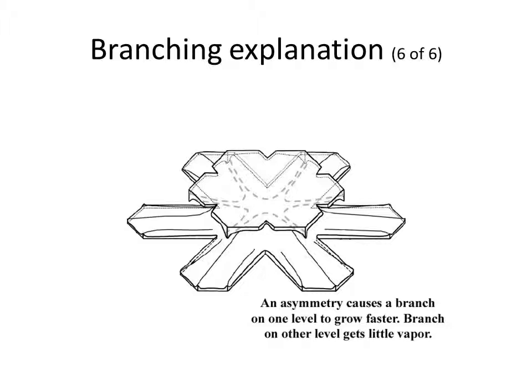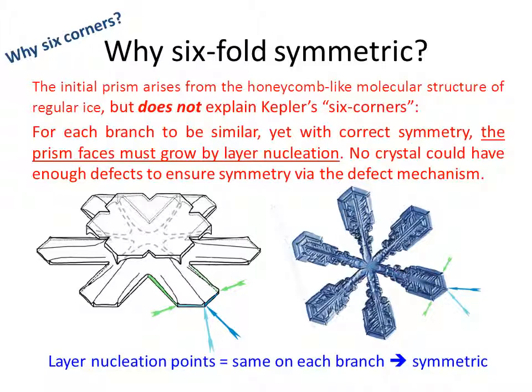Now one asymmetry arises from the air rushing past the crystal as it falls. Crystals like this fall broadside to the air, so the bottom gets the fresh supply of vapor, and is then more likely to take off, as in this sketch. So in the end, we end up with 6 branches. And that's the origin of the 6 corners.